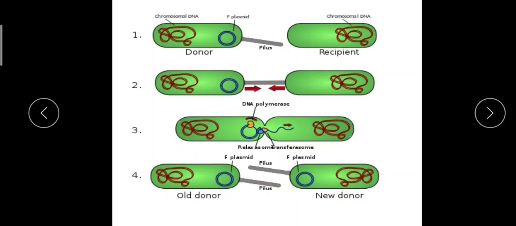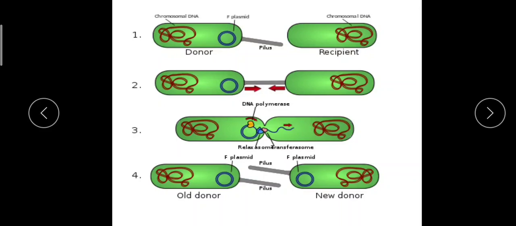After the conjugation tube is formed, the F factor starts replicating, and the replication is in the rolling circle model. One copy of this plasmid moves to the recipient cell through this conjugation tube.